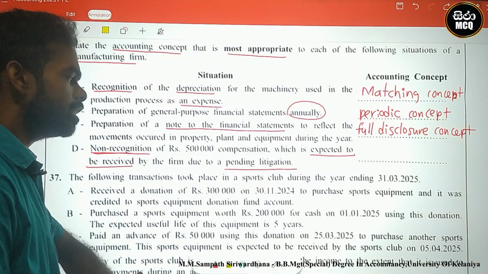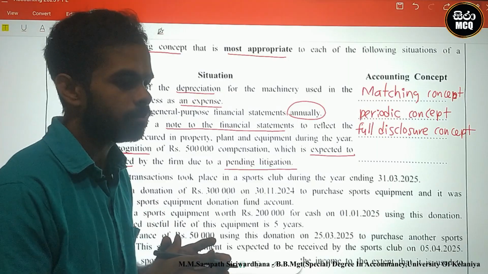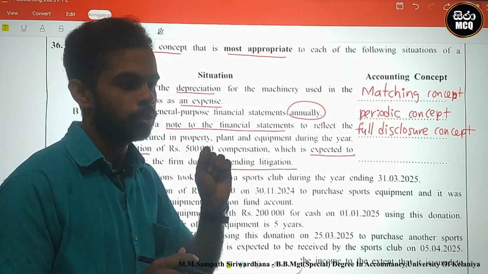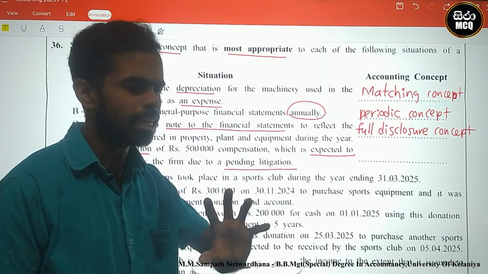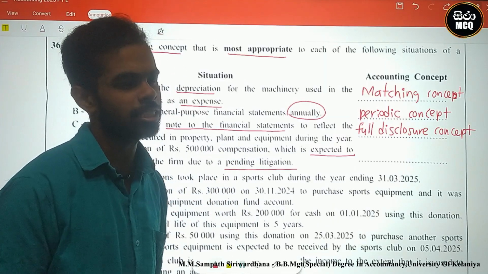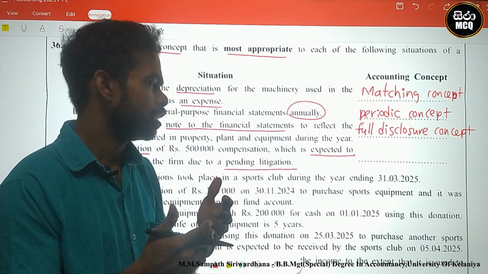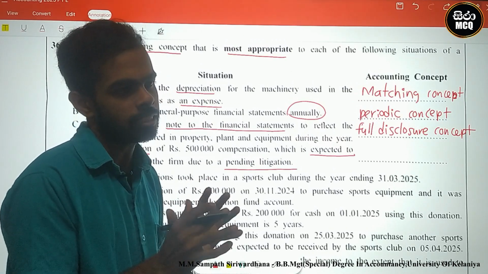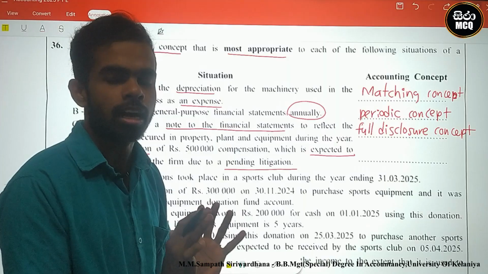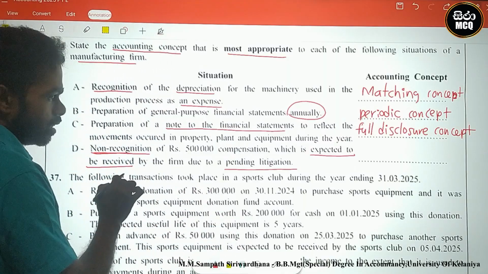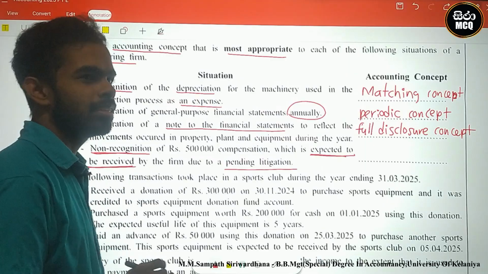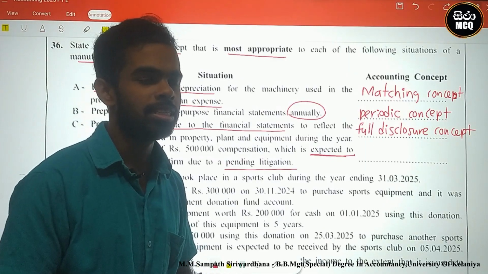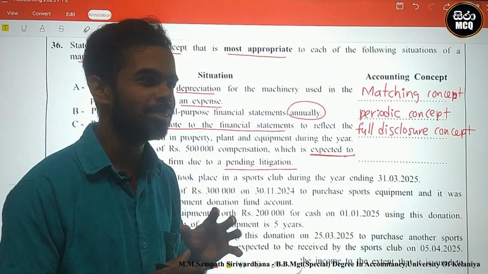Pending litigation means there is no approval, no specific final result. The pending litigation means there is a legal compensation there, but the final result is not identified. Therefore, it is clearly only expected to be received.